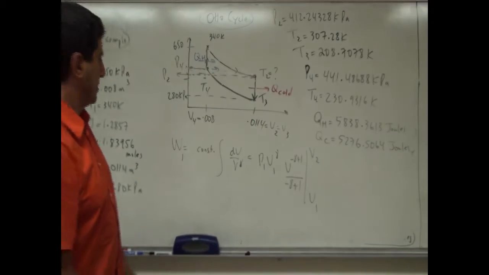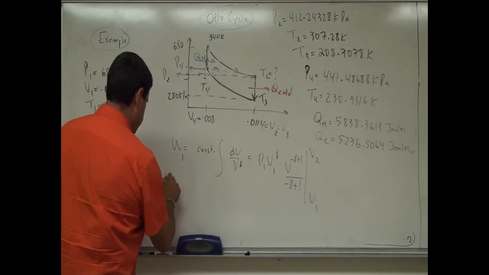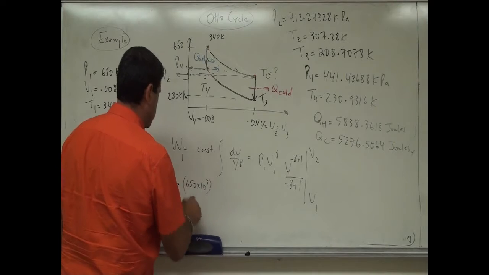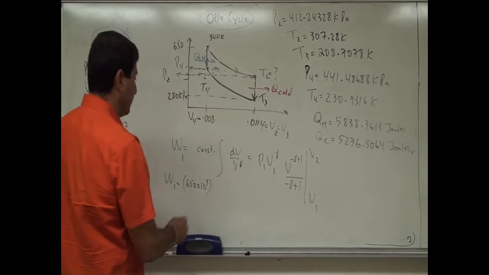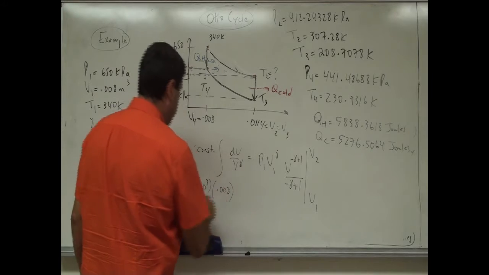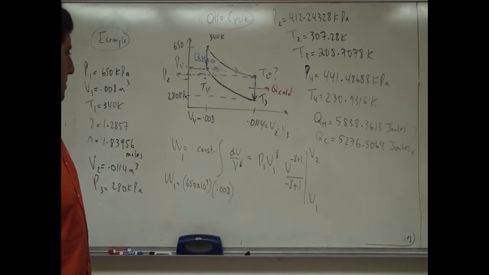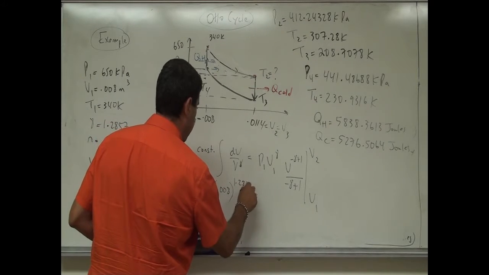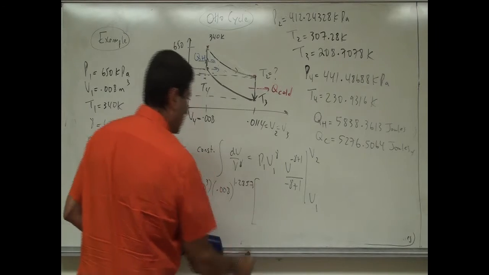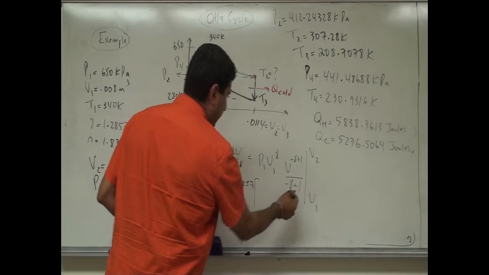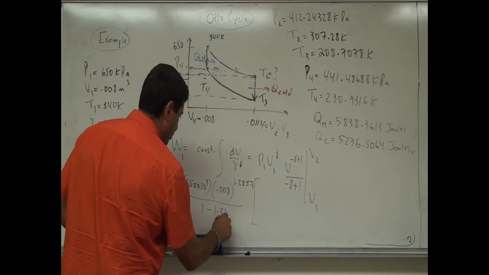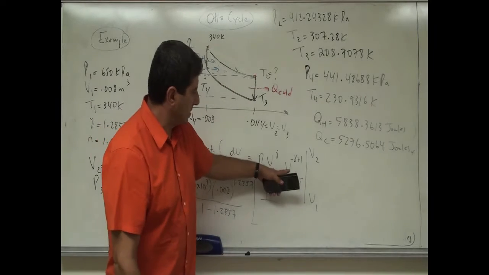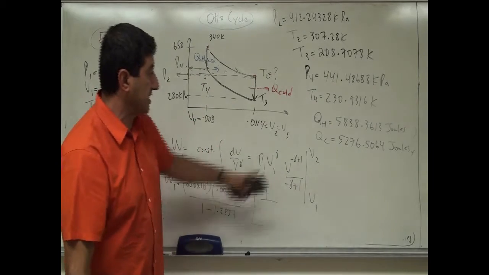For P1, you put 650 times 10 to the third, and V1 is 0.008, to the power gamma, which is 1.2857. On the bottom you have 1 minus gamma, so 1 minus 1.2857, and then you invert this and it becomes gamma minus 1.